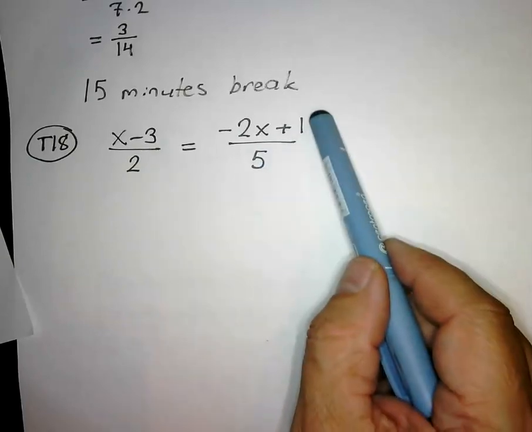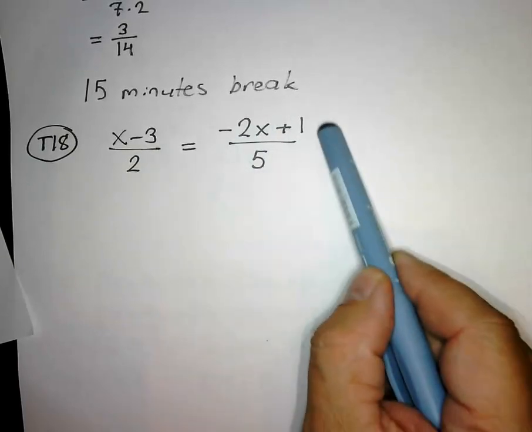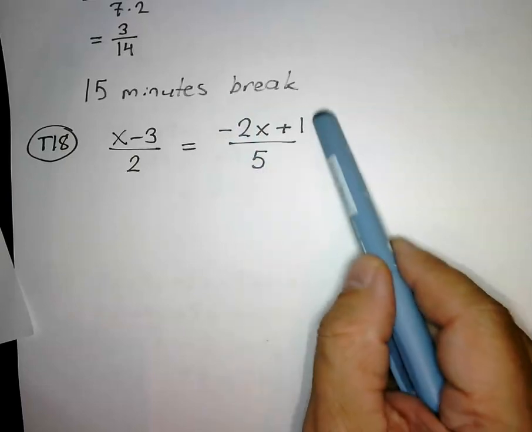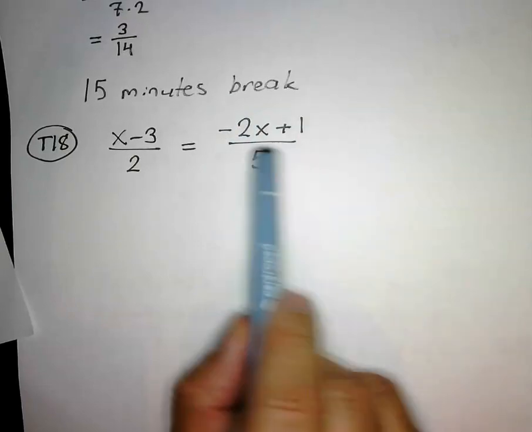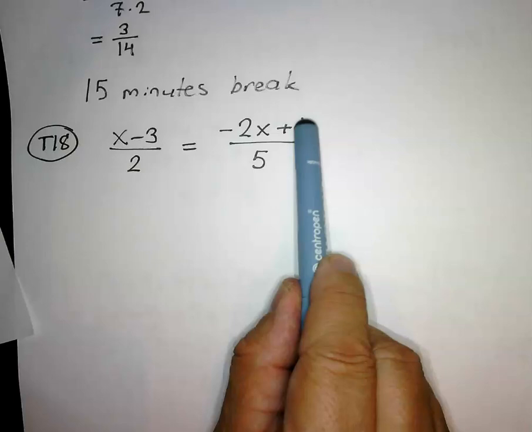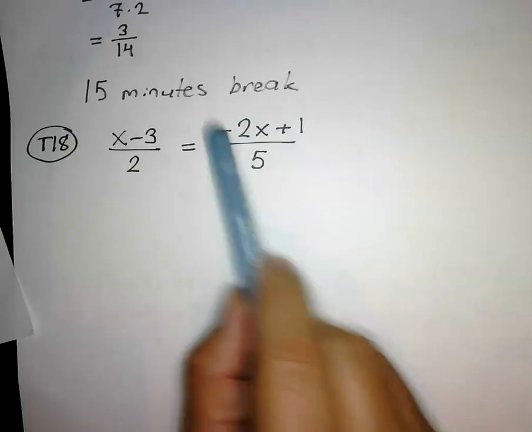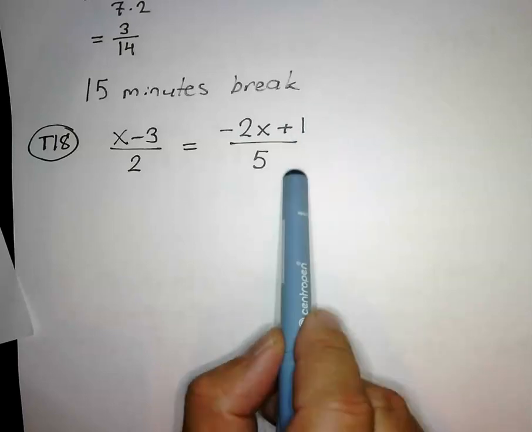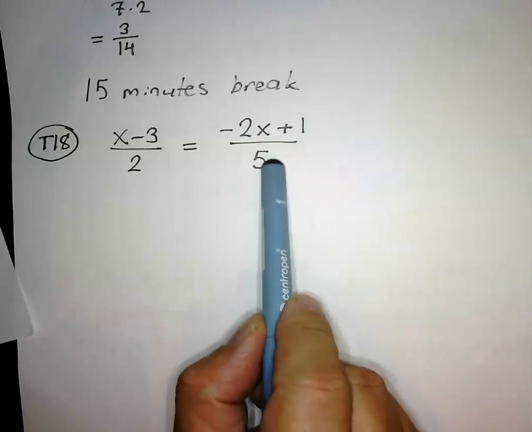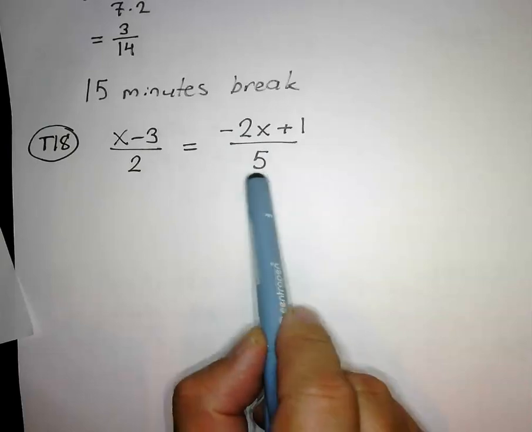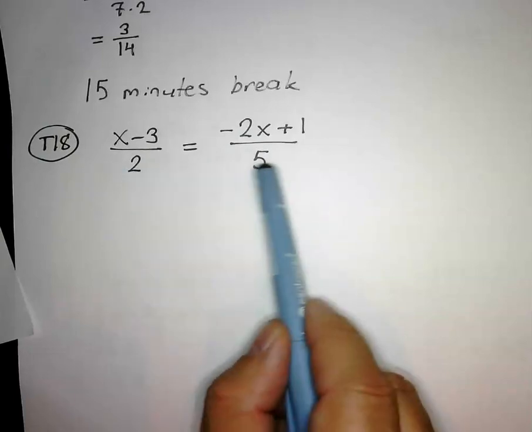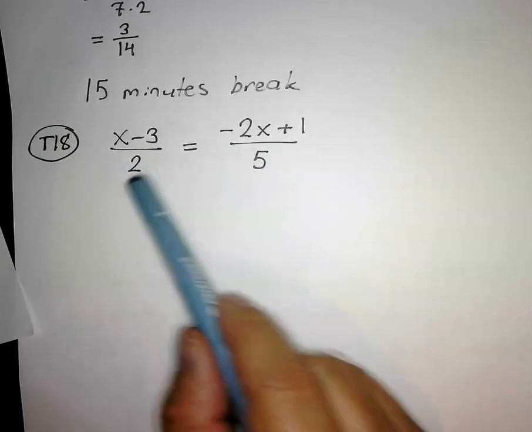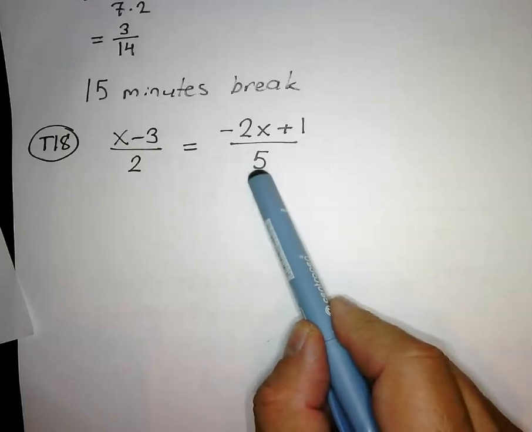And if you multiply this right hand side of this equation by 2, then you get 2 here, and 2 times this expression in the top part, and 2 times 5, which equals also 10. Then you have 10 on both sides of the equation in the bottom.